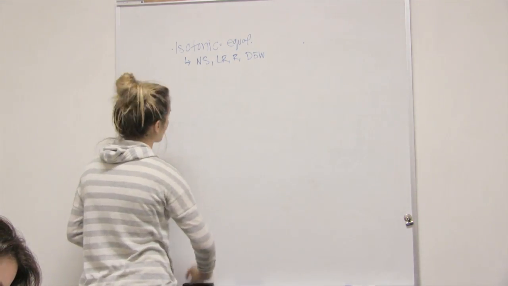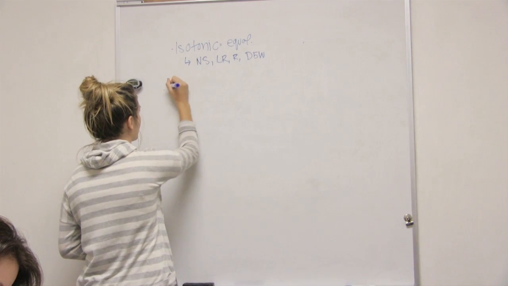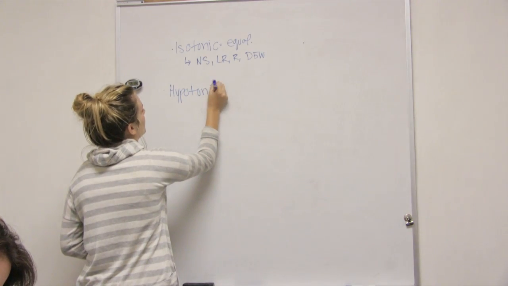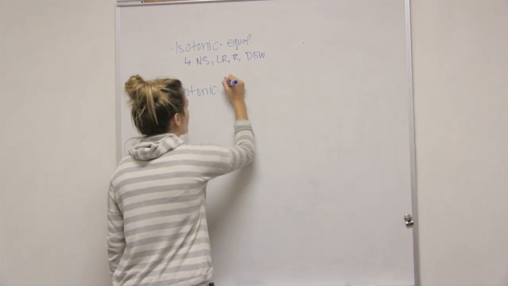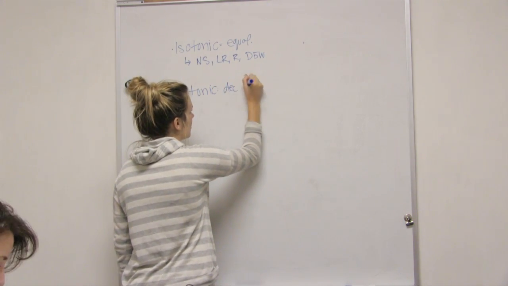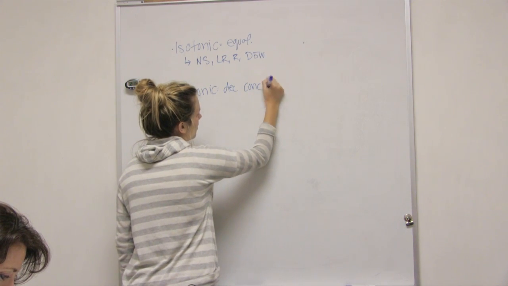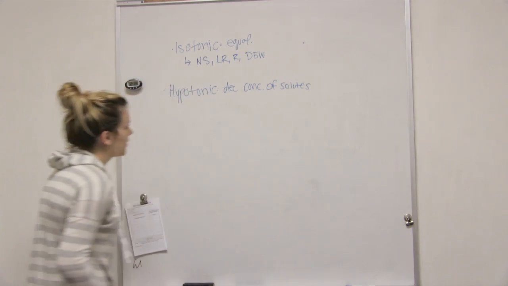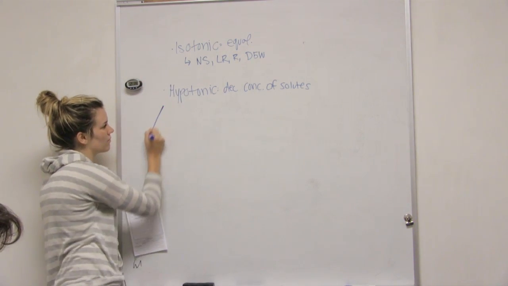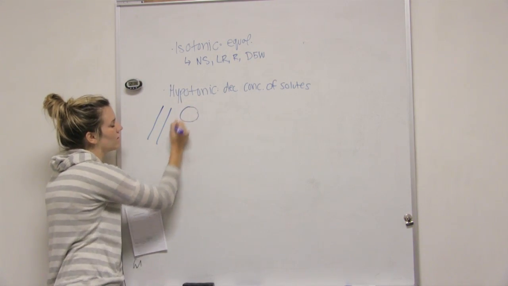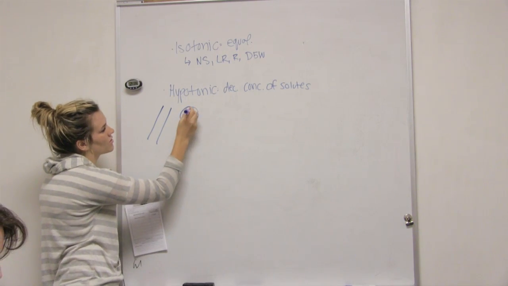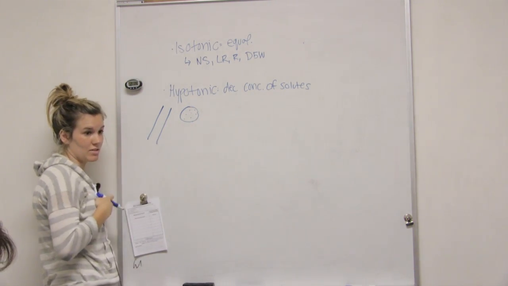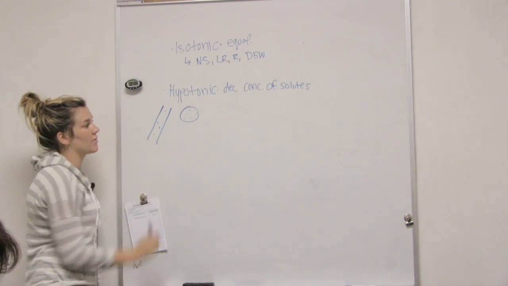So now we have hypotonic. What's the concentration of hypotonic fluids? Low. Yeah, so decreased concentration of solutes. Perfect. If we have our blood vessel and our cell, and the cell's just normal, then the hypotonic solution is low in concentration, so you don't have much in there.